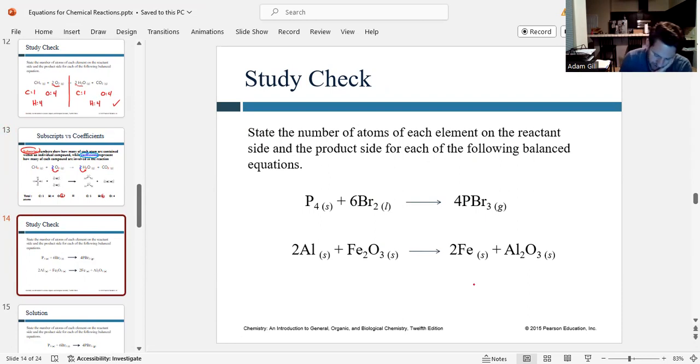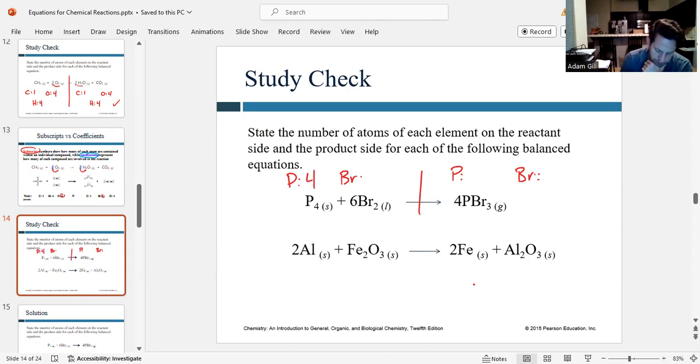Okay. So split it down the middle. For the top equation, we have 2 elements. We have phosphorus and we have bromine. Now, how many phosphorus atoms do we have? I see 4.